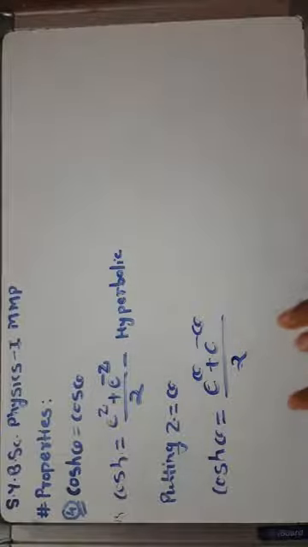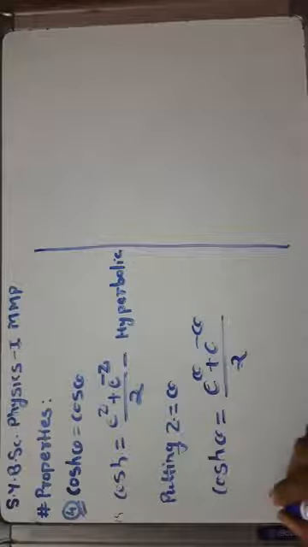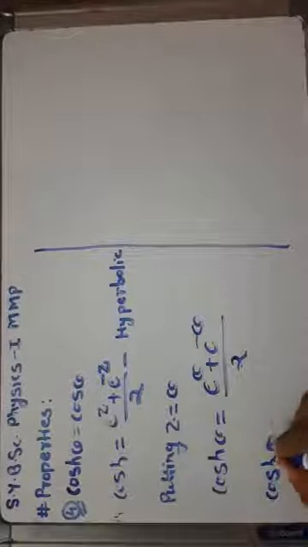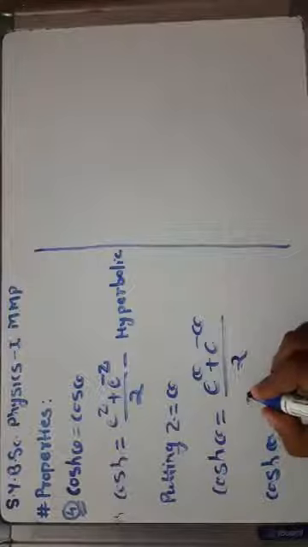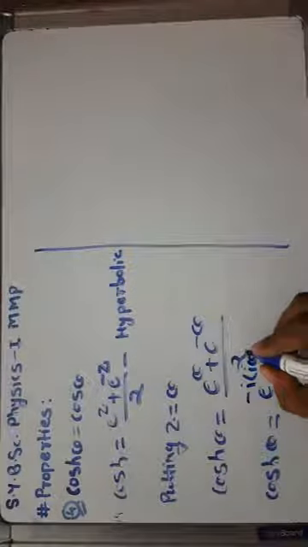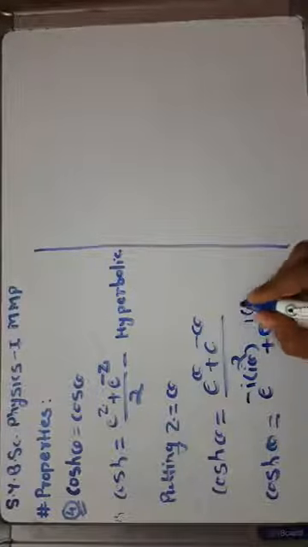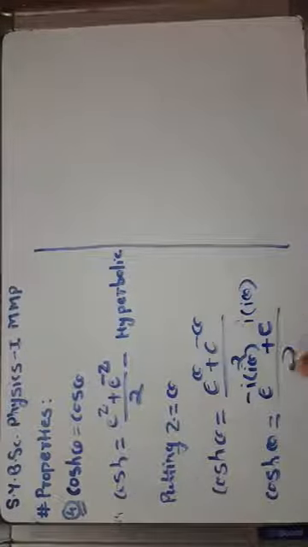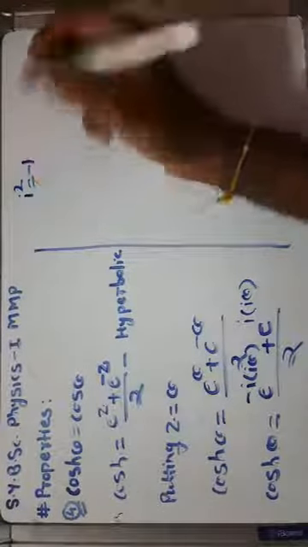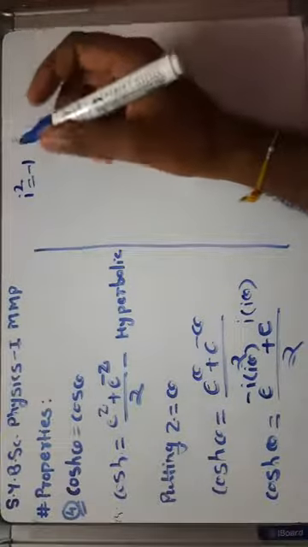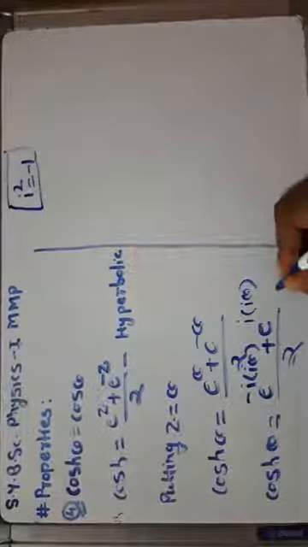Then here we adjust some terms, like cos theta is equal to e raised to minus i theta plus e raised to i theta. Why this arrangement? Because we know i square is equal to minus 1, right?